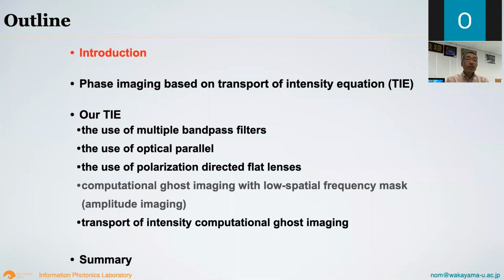So I will show you 4 kinds of our TIE techniques: the use of multiple bandpass filters, the use of optical parallels, the use of polarization directed flat lenses, and transport intensity computational ghost imaging. To help understand computational ghost imaging, one of our achievements of computational ghost imaging will be given. Finally, I will summarize my talk.